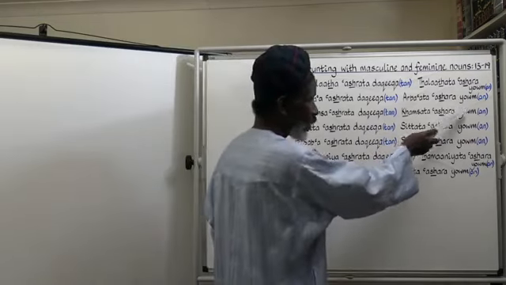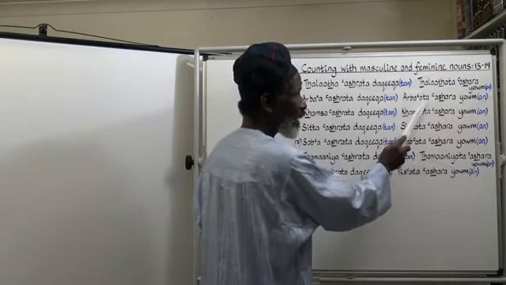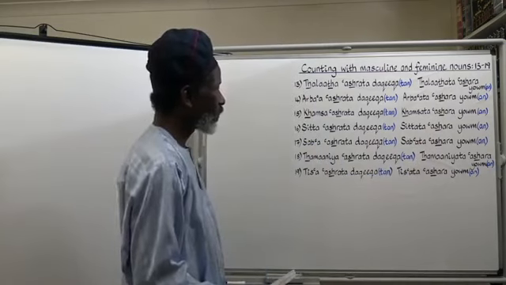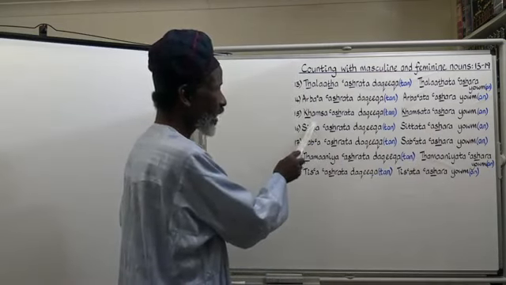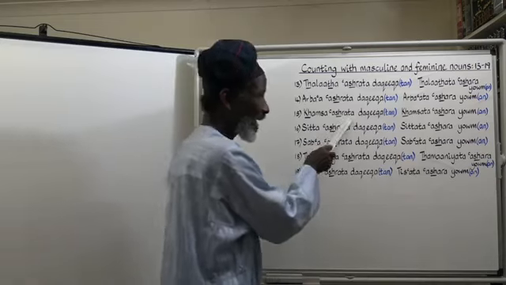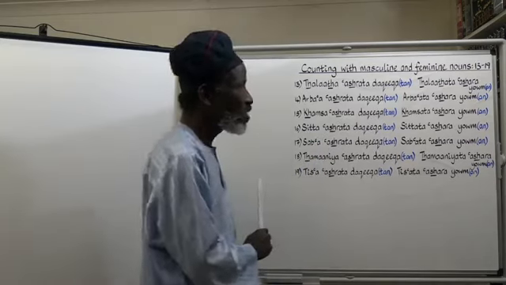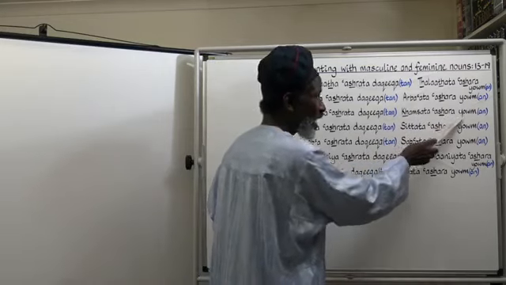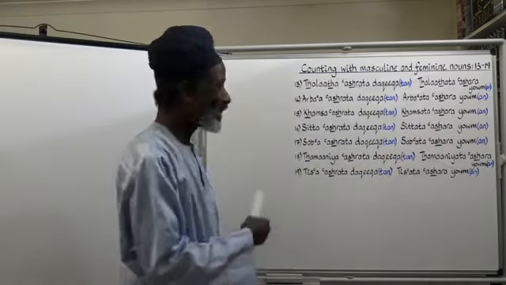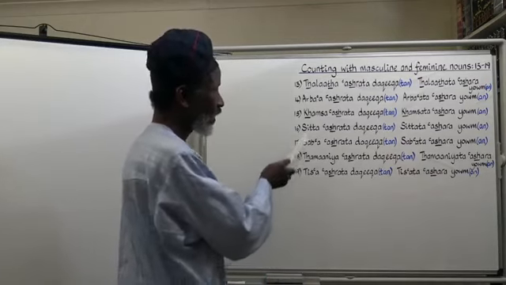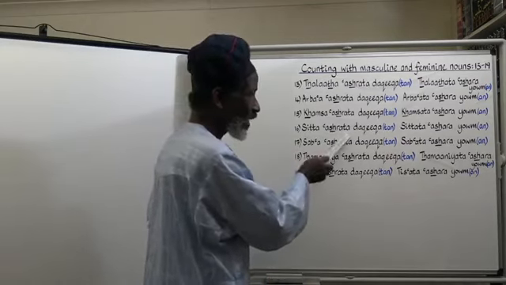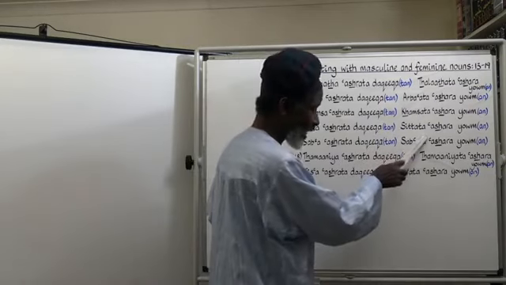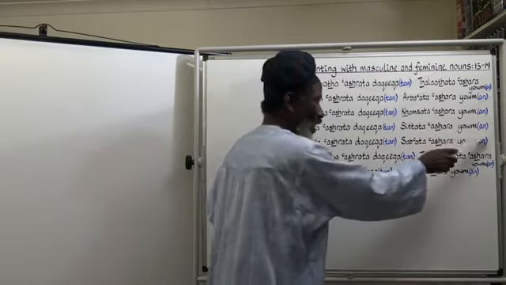Counting masculine, 14 days, أربعة عشر يوما. 15 minutes, خمس عشرة دقيقة. 15 days, خمسة عشر يوما. 16 minutes, ست عشرة دقيقة. 16 days, ستة عشر يوما.